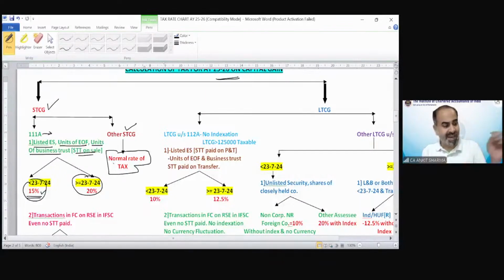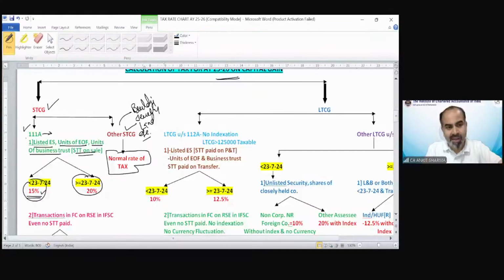So if there is other short-term capital gain, suppose on building, jewelry, land, etc., which does not fall in the above categories, all other short-term capital gain is going to be taxed as per the normal slab rate, depending on the person.